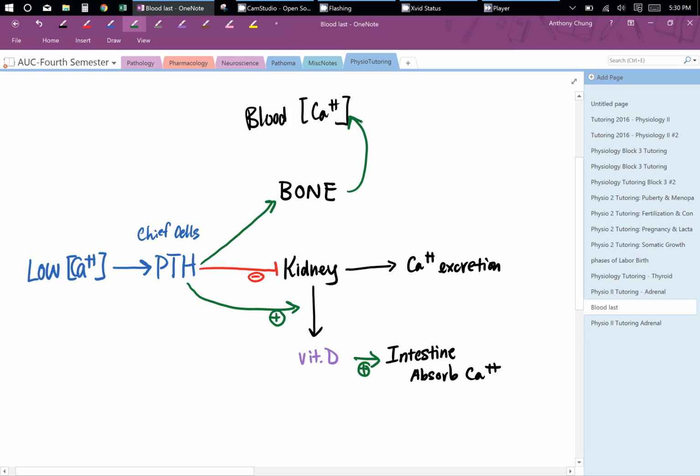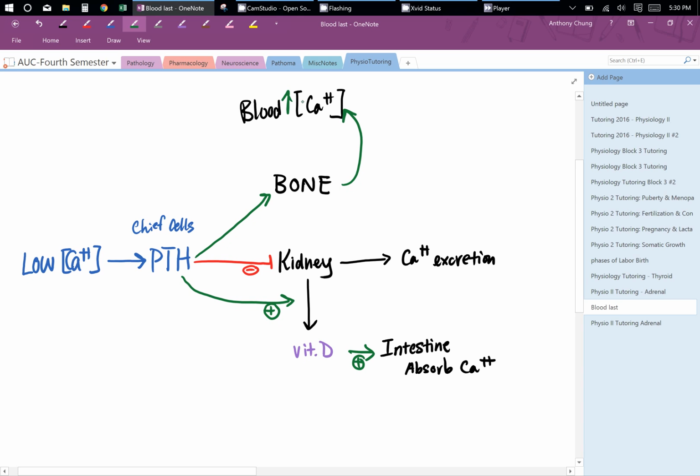So you want to make sure that whenever you have a lot of calcium in your blood, you don't also have a lot of phosphate. Does that make sense? If you have both of them very high at the same time, it's probably going to precipitate, and that's not going to be good. So you want to make sure that if you're increasing the calcium, you're somehow decreasing the phosphate.